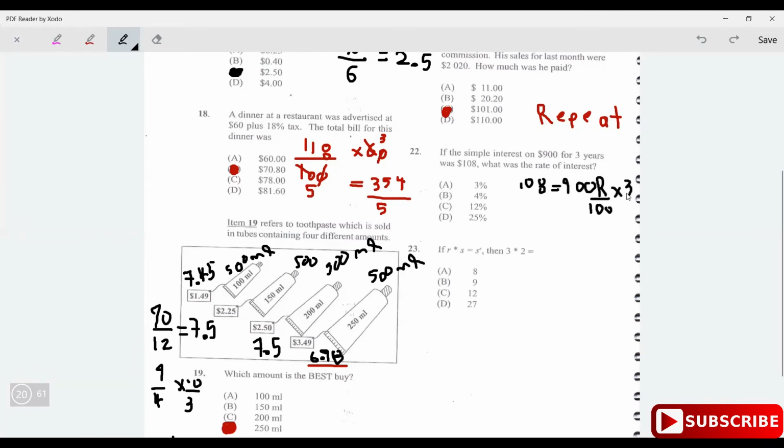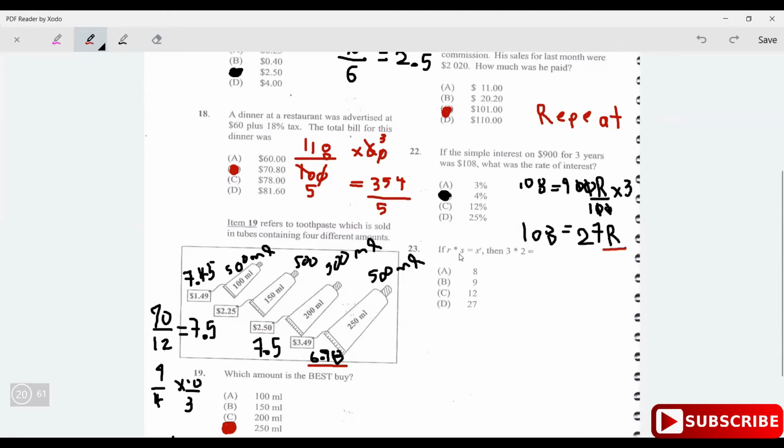As you can see, this 0 cancels this 0, this 0 cancels this. So 3 times 9 is 27. So we get 27 times R is 108. What times 27 gives you 108? 4%. So that's the rate. R is 4%.